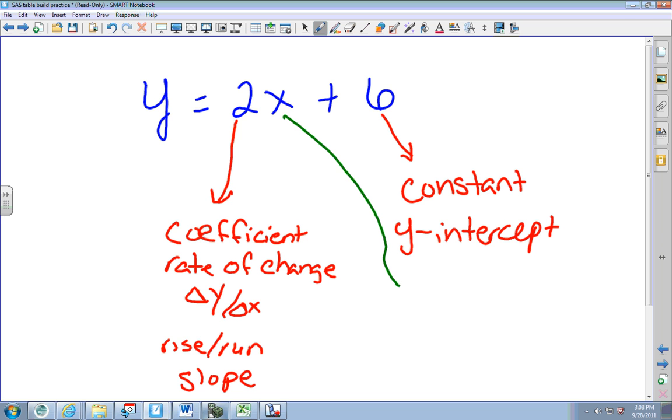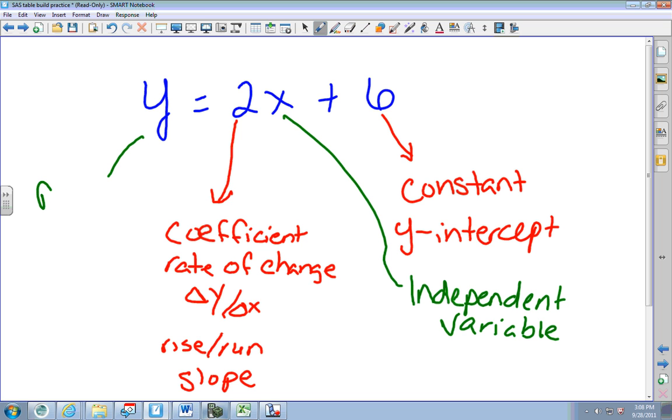This right here is my independent variable. This right here is my dependent variable. Okay.